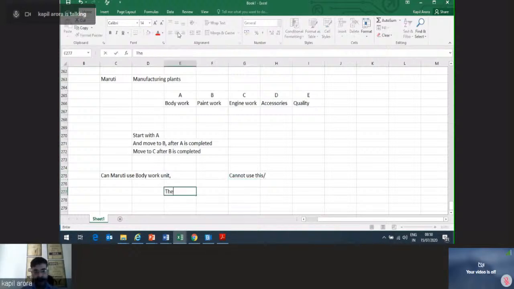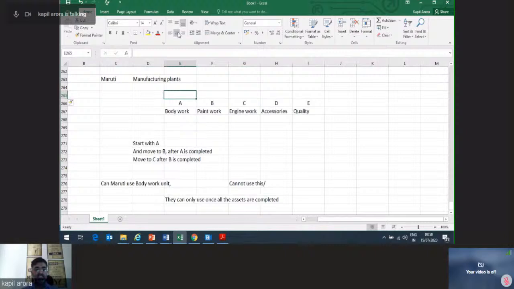They can only use it once all the units are completed. So what would be the start date? Start date would be the date when we started our work, which is, let's assume, 1st April 19. And the end date would be the date when E unit is completed, which is 31st December 2021.